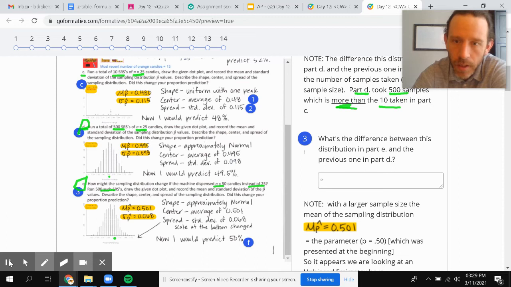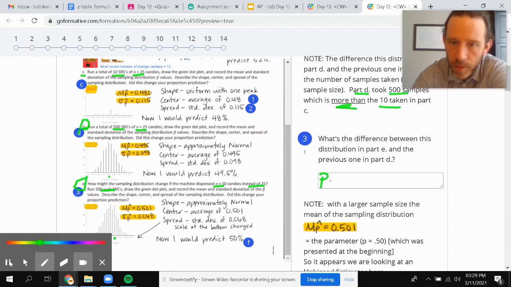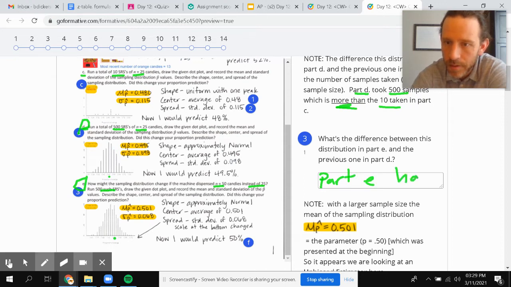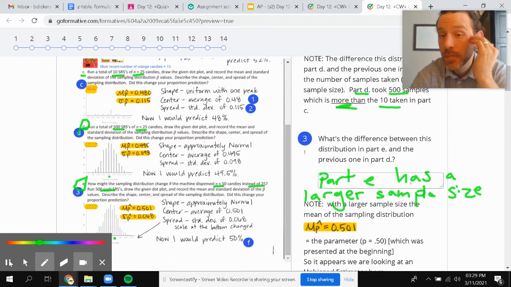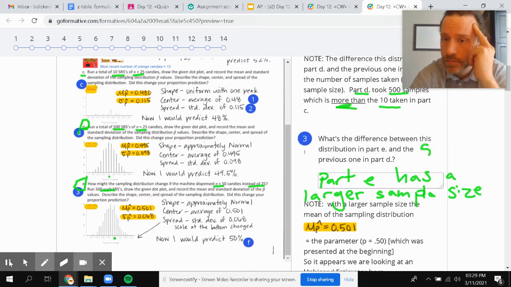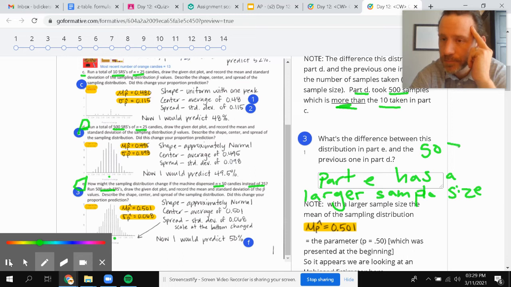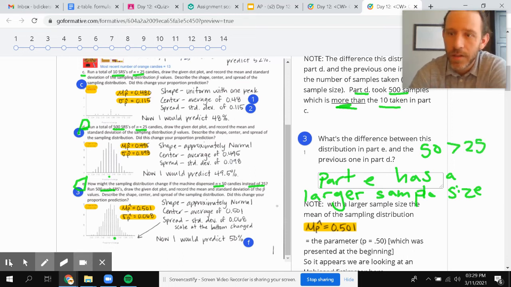So we would say that part E has a larger sample size, 50 instead of 25, right? So there you have it.